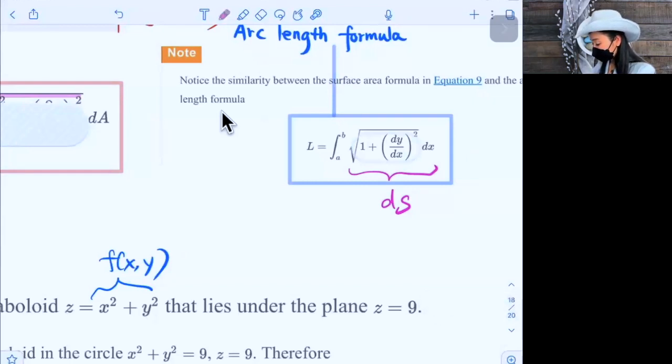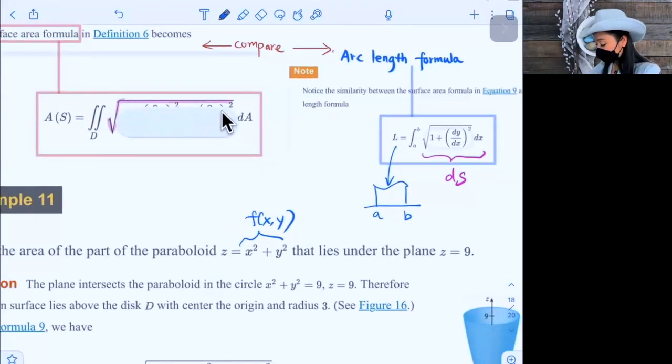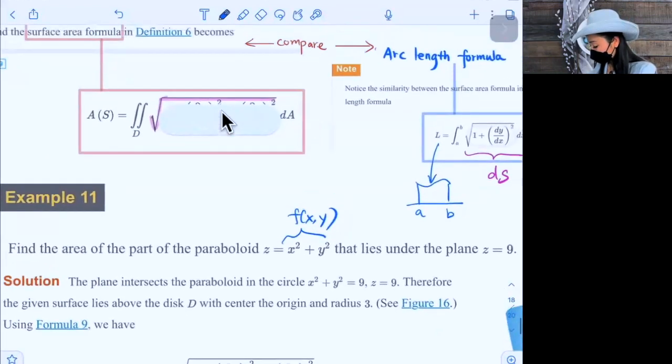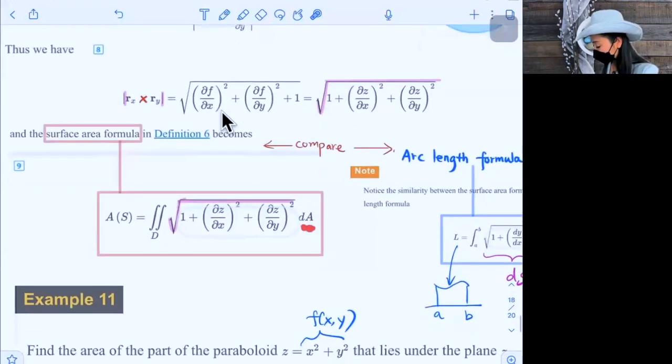Let me draw the picture. So this arc length over here is equal to that. Now, what about surface area? The surface area here is going to be, from the formula we have, the integral of this, and then dA over the region D.